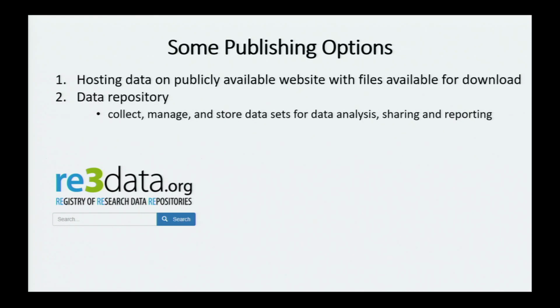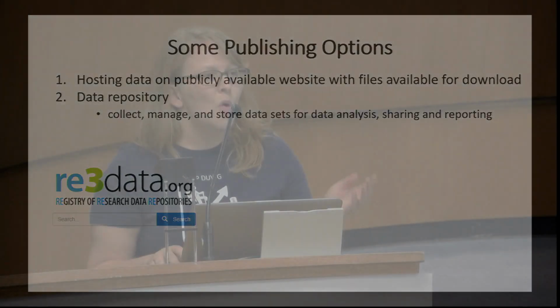Now, one particular place that you can go to find out what data repository options there are is re3data.org. And this really is a great resource for figuring out, okay, this is the type of data that I have. What would be the most suitable repository for me? And it has hundreds, if not thousands, of options for you.